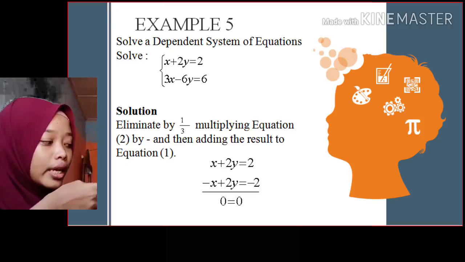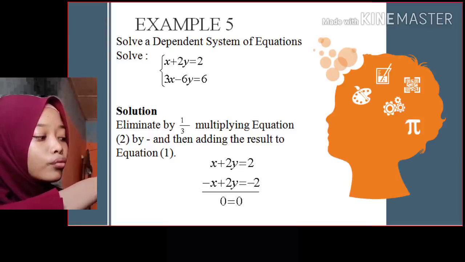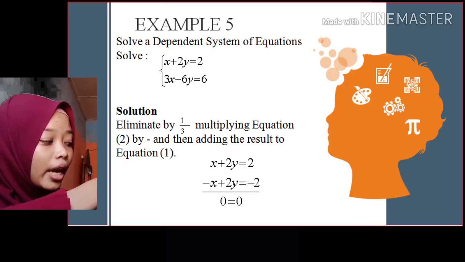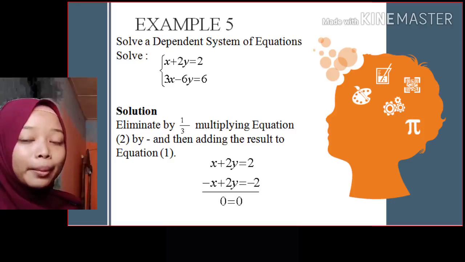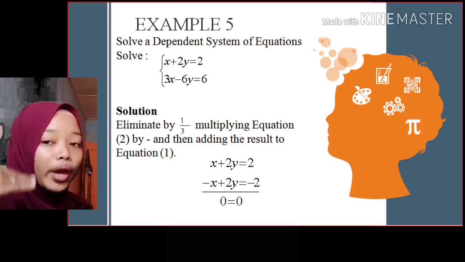The solution is to eliminate by multiplying equation 2 by 1 over 3, with a minus sign, and then adding the result to equation 1.